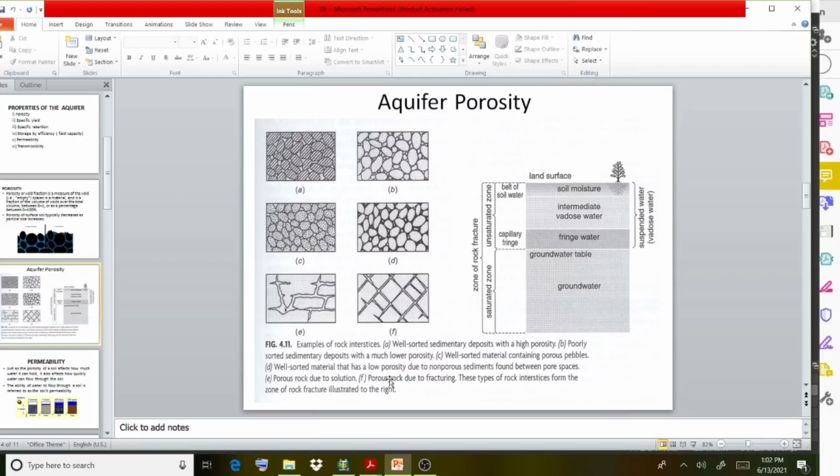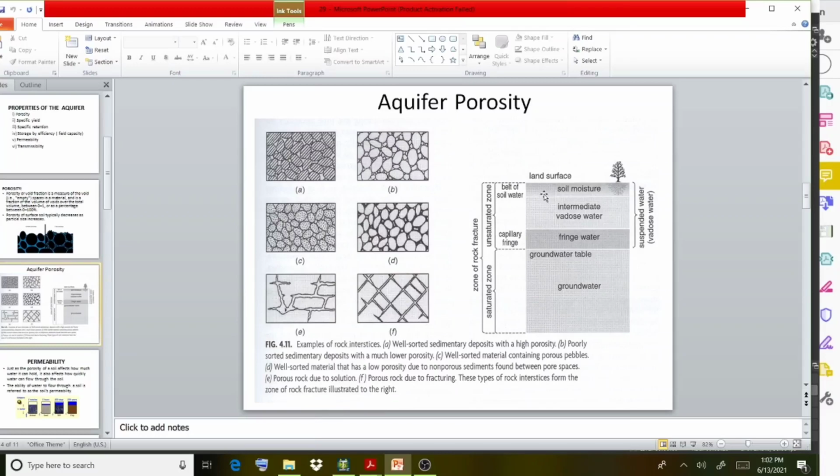And the last case is porous rock due to fracturing, meaning if some rocks are fractured, there is a tendency for void space to be created. These types of rock form the zone of rock fracture illustrated to the right.